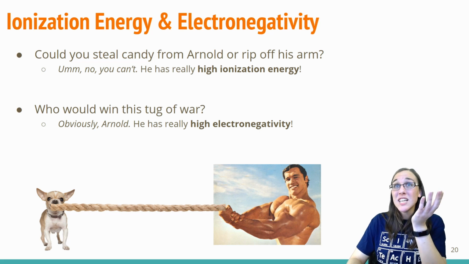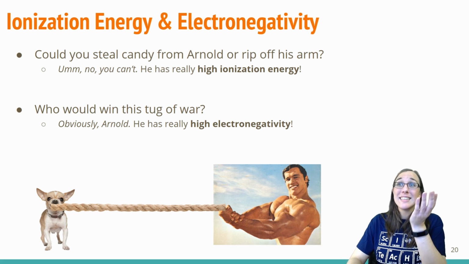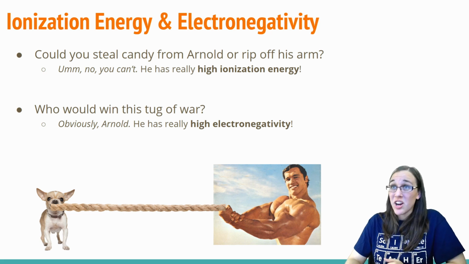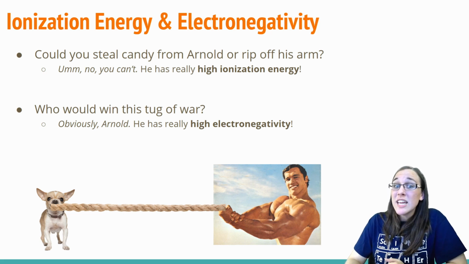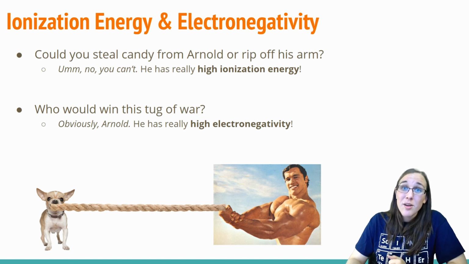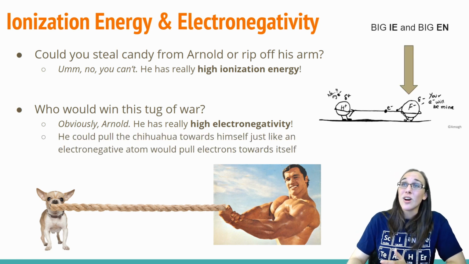And Arnold, being very strong, with high ionization energy, means that you're not going to rip the electron off of him, but you know what? He's sure going to rip that electron off of you. He's going to win the tug of war of ripping an electron away from another atom, in this case, the chihuahua.